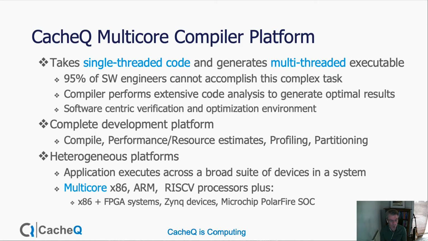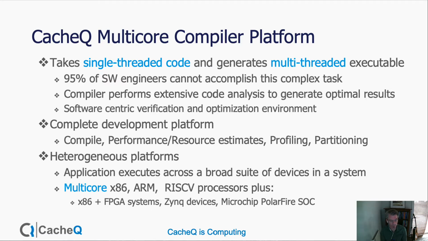We support heterogeneous platforms, and that means the application can execute across a broad suite of devices from a single compiler and in a single system. This includes multi-core x86, so an Intel or AMD x86 processor with multiple cores, with or without hyperthreading, which can support multiple threads per core.